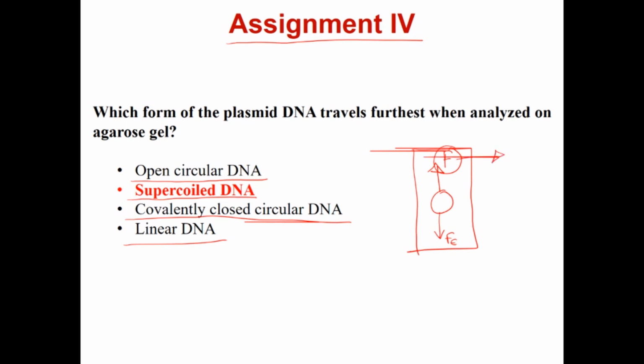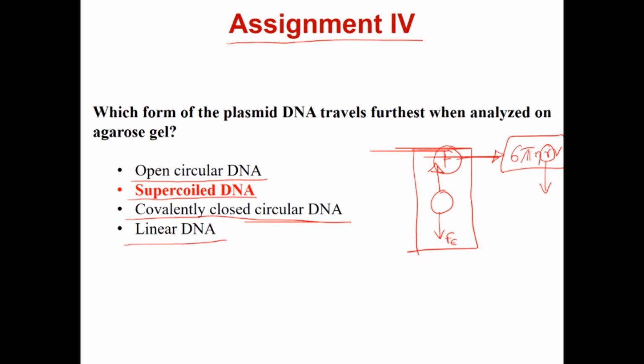These friction forces are governed by the size of that particular molecule, because the frictional forces are calculated like this. This is the formula for calculating the frictional forces, where the R is related to the size of the particular object.